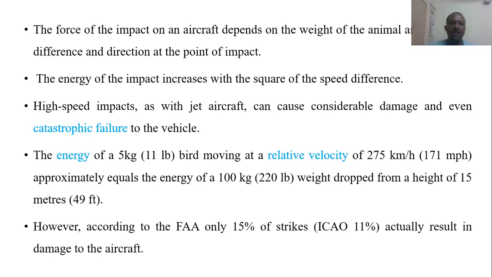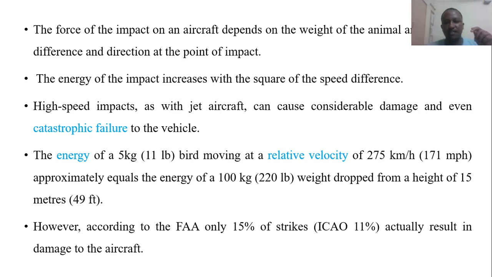The energy of a 5 kg bird, a very big bird, moving at a relative velocity of 275 kilometers per hour, which is approximately 171 miles per hour, equals the energy of a 10 kilogram weight, equivalent to 220 pounds, dropped from a height of 50 meters, that means 49 feet.